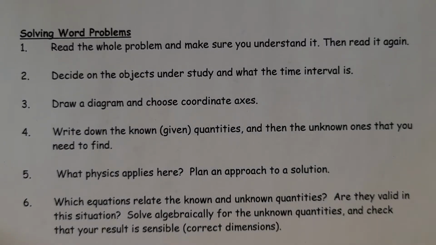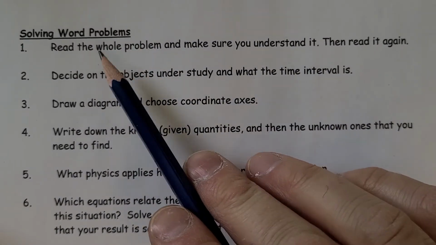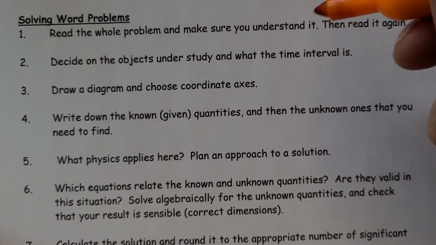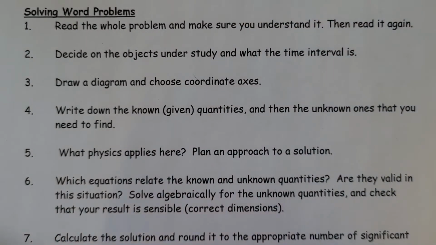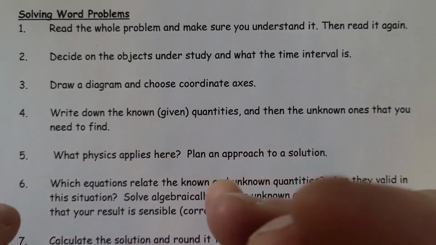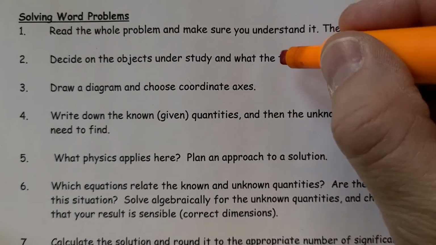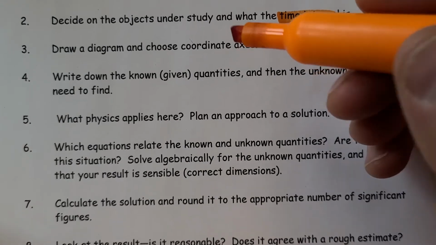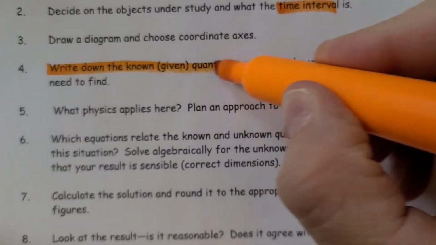So if we look at the process of solving word problems, read the whole problem, make sure you understand it, then read it again. Decide on the objects under study and look at what the time interval is, if you are given time. A diagram often works. I like to do diagrams. This is a key one. Write down what you're given and write down what you're trying to find out.